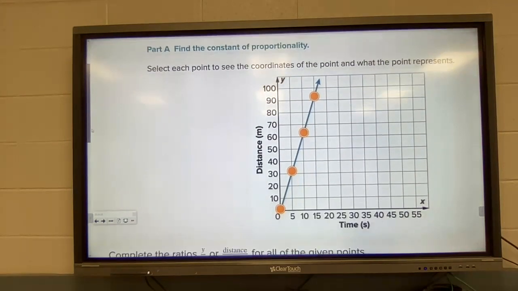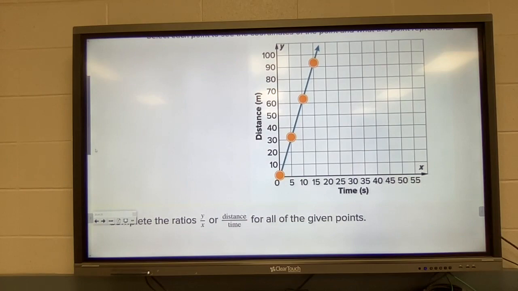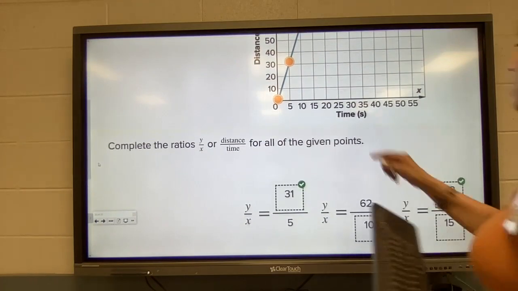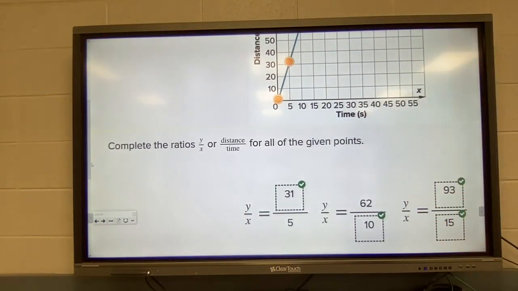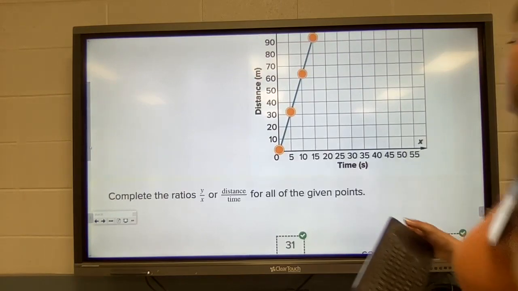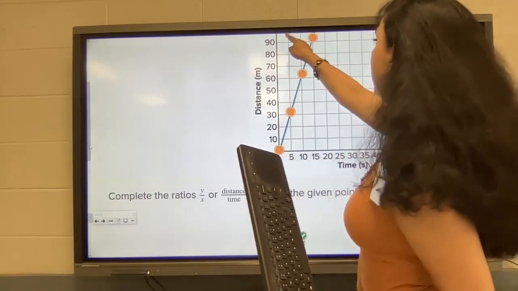You're going to complete the ratios, y over x. So this is 31 over 5, and then we had 62 for 10, and then 93 for 15.